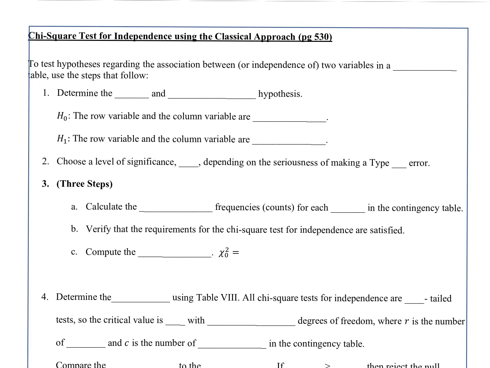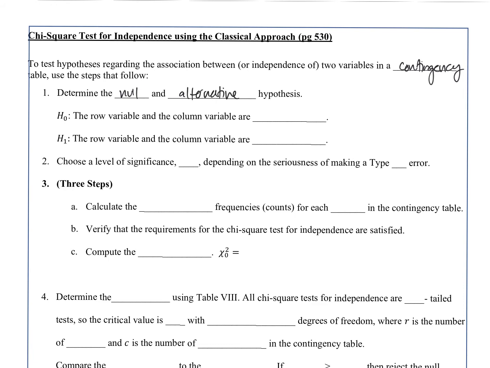Now let's take a look at the chi-square test for independence using the classical approach. Once again, we have classical and p-value approach, and basically the difference is how you use the table. So to test hypotheses regarding the association between or independence of 2 variables in a contingency table, use the steps that follow. First, you're going to determine the null and alternative hypothesis.